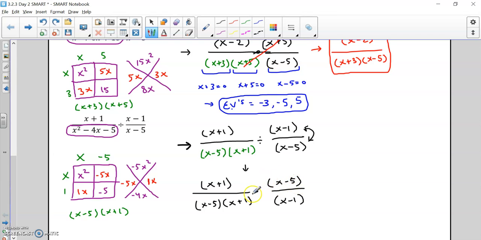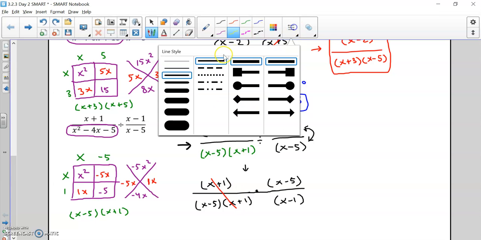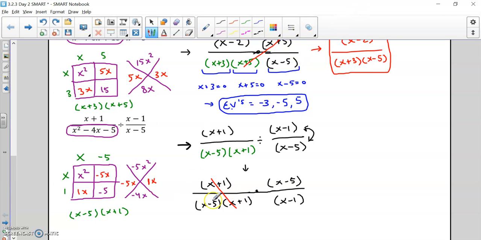Okay, now we are ready to cancel stuff because remember, multiplication means big giant fraction. So we have an x plus 1 pair that can go away. We also have another pair that can go away, and that's the x minus 5s. Okay, so when I cancel everything that can be canceled, I am now left with an x minus 1 on the bottom.